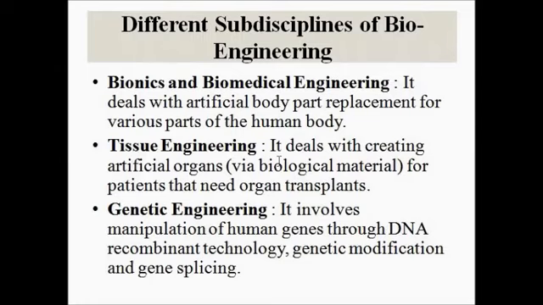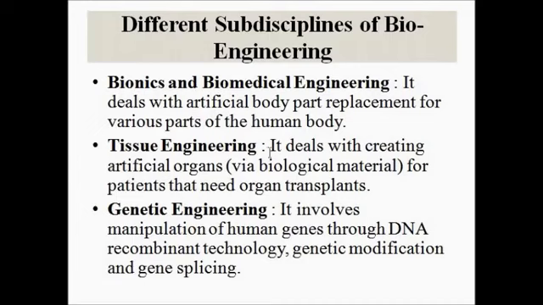So here the concepts of instrumentation, physics and also mechanics come into play, because we have to utilize that knowledge and data to design the artificial body parts in order to replace the damaged parts in the human body. Next is tissue engineering.